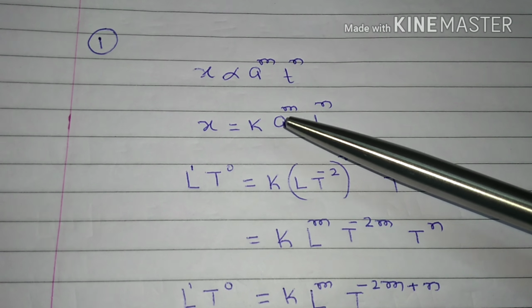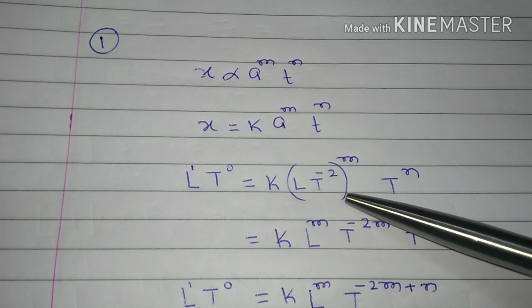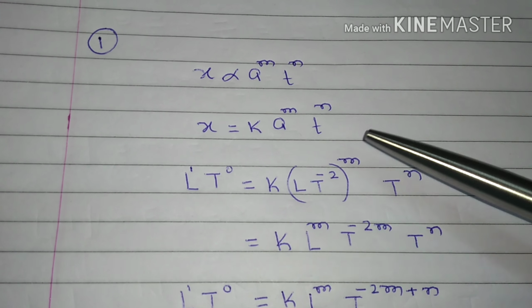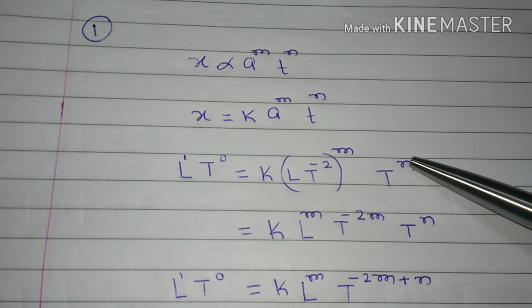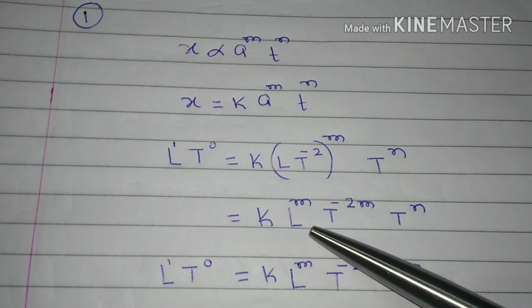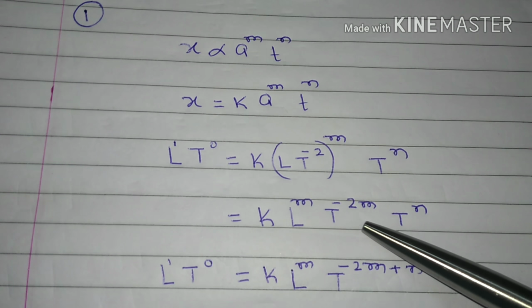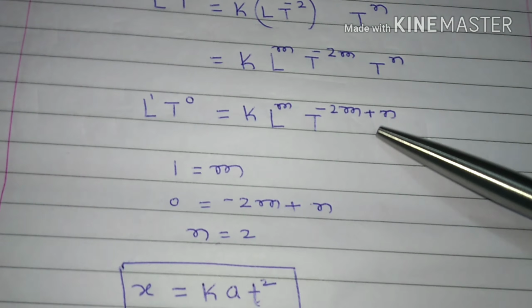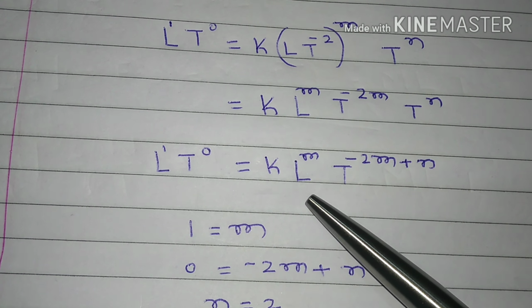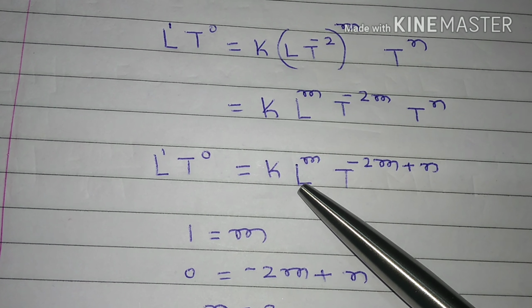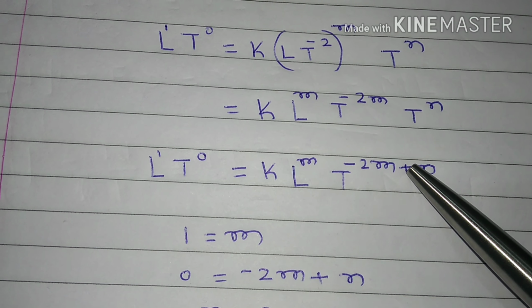K is constant as it is, you write, no problem. For acceleration, what is the dimension? LT^-2, already we derived. All to the power of m, same m you have to write. T is the time, so t^n. So you open this bracket, L^m, T^-2m into T^n. Now what you will get? L^1 T^0 is equal to k into L^m, T^(-2m+n).